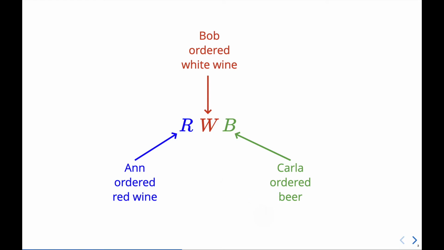So the actual situation is represented by this sequence RWB, meaning Anne ordered red wine, Bob ordered white wine, and Carla ordered a beer. Now, of course, the waiter is uncertain. The waiter isn't certain that this is the actual situation. The waiter doesn't know who ordered which drink.